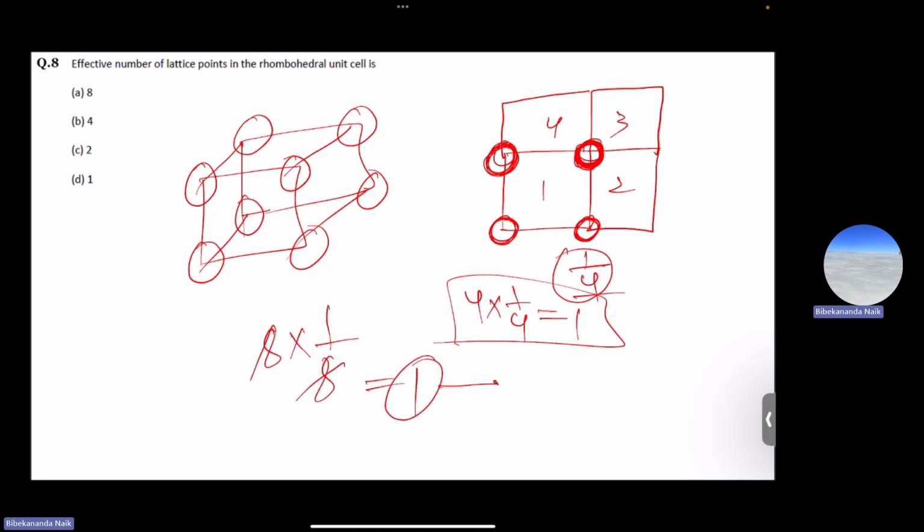So the effective number of lattice points will be 1 in case of a rhombohedral unit cell, because irrespective of whether it is rhombohedral, cubic or tetragonal, they have 8 corners and each lattice point contributes to 8 unit cells. So the effective contribution is 1 by 8, and since there are 8 points, it will be 8 into 1 by 8, that is 1.